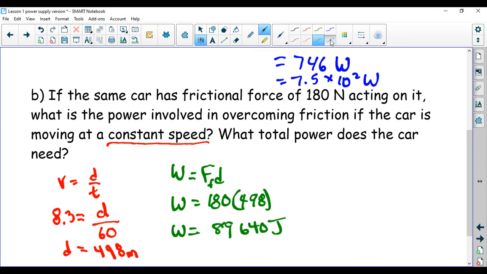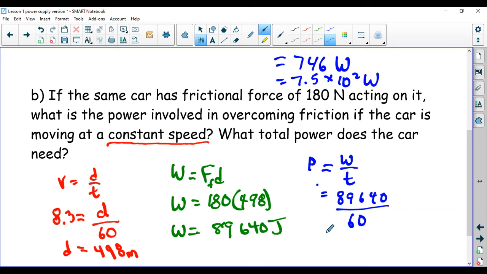And then we're going to do our power part. I'm going to find how much power, because it asks for the power. So power can be work over the time. I know I did 89,640 joules of work to overcome that friction in 60 seconds.